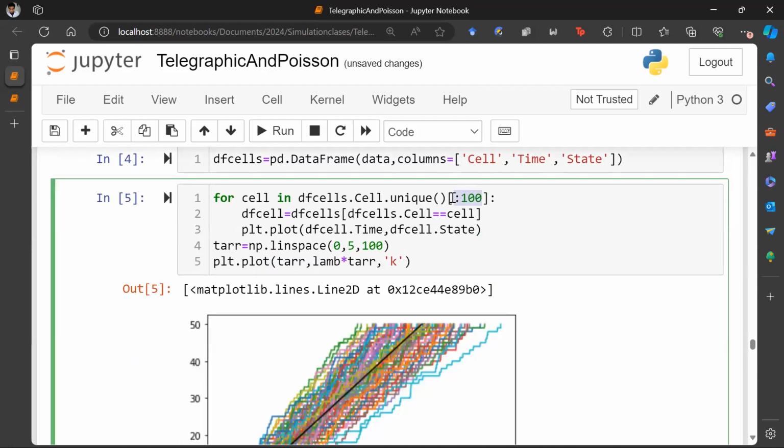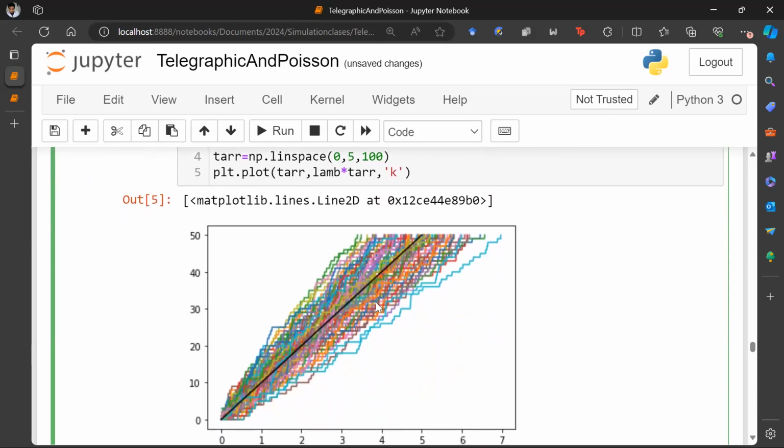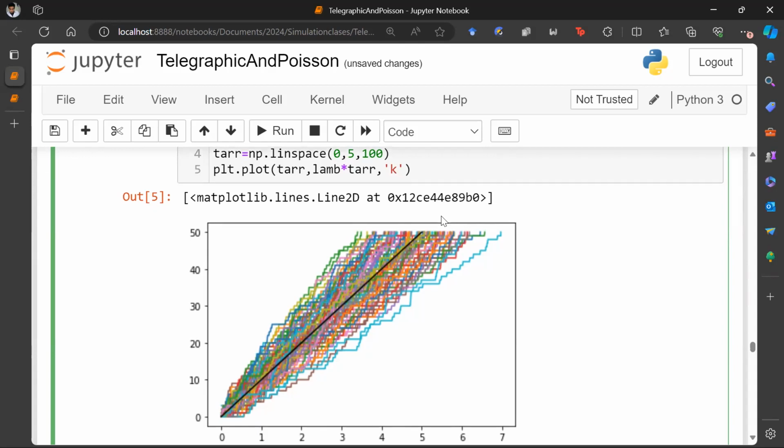Plotting. So here I'm plotting the first 100 trajectories, and they look like this. And you have the convolution of 50 exponential distributions. So it's going to be an Erlang with mean 50 and sigma squared 1 over 50.